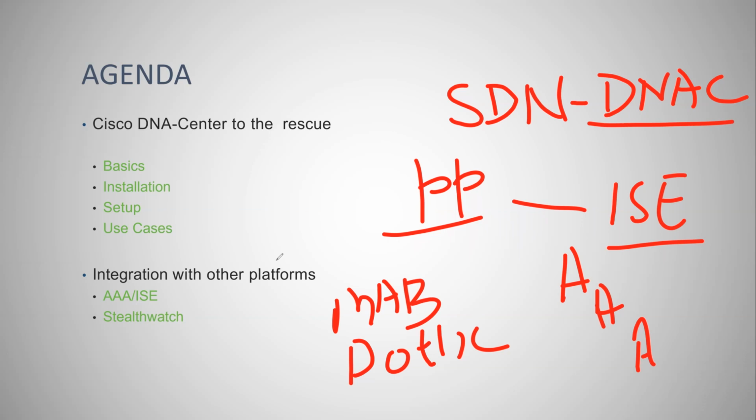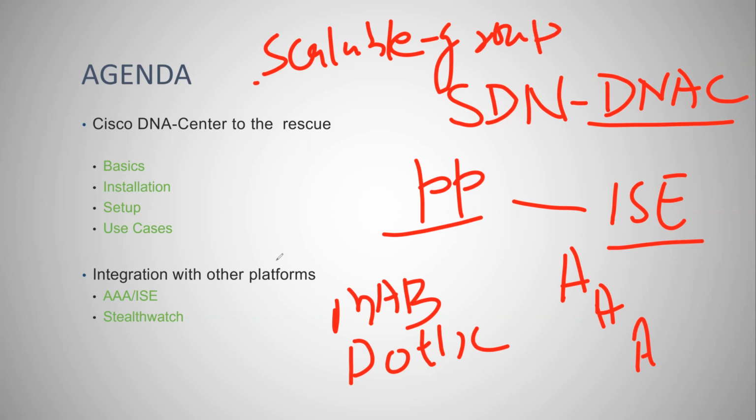What is the name of that group? Something called a scalable group. Oh, scalable groups, right. Now, what's the use of this scalable group? We are putting some sort of tag. For example, we have employees with tag 10 and HR with tag 15.